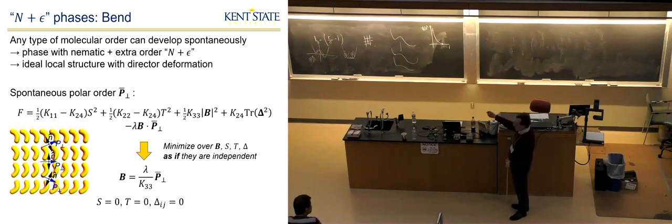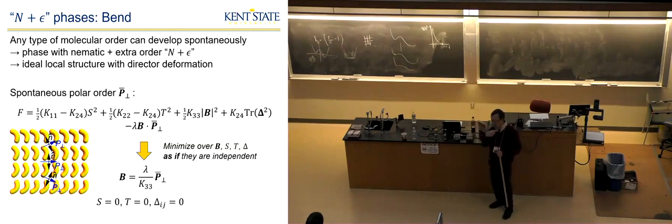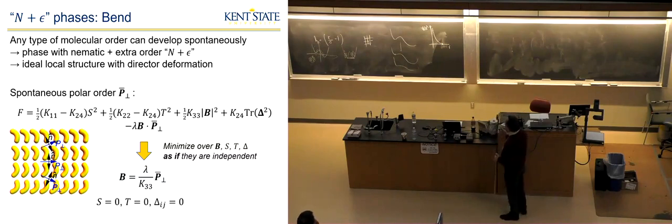Okay, so for example, suppose you have something that has a natural tendency to align banana-shaped molecules in this way, so that they have extra polar order perpendicular to the director. Okay? In that situation, you will not have an ideal state with a uniform director. Instead, the ideal lowest energy state will have some bend in the director, right?